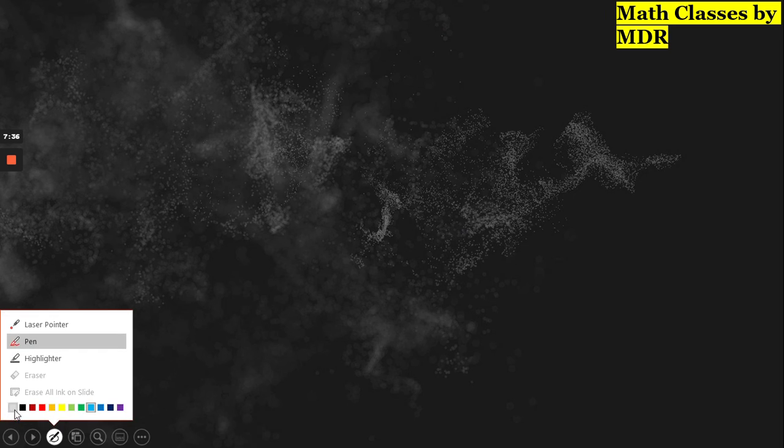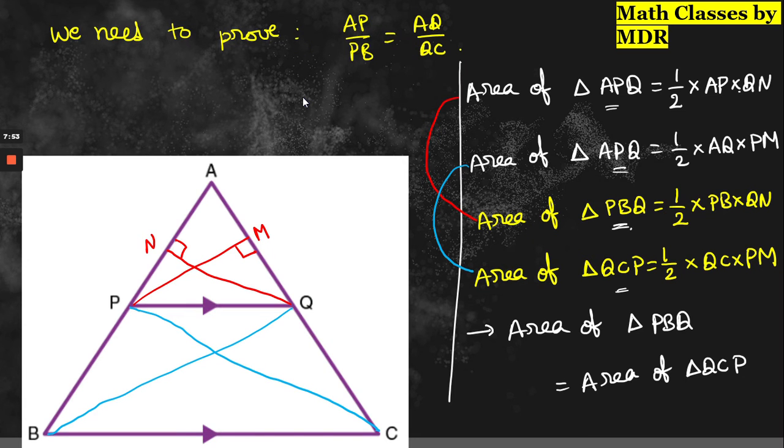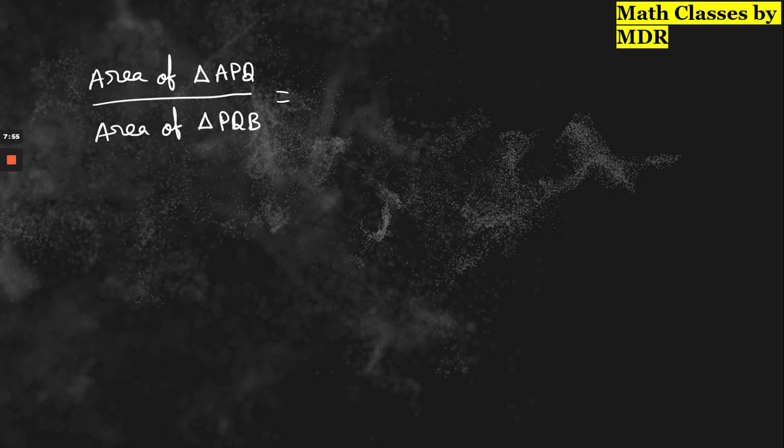Let us see that when we take the area of triangle APQ to the area of triangle PQB, what do we have? The area of triangle APQ is half AP into QN.